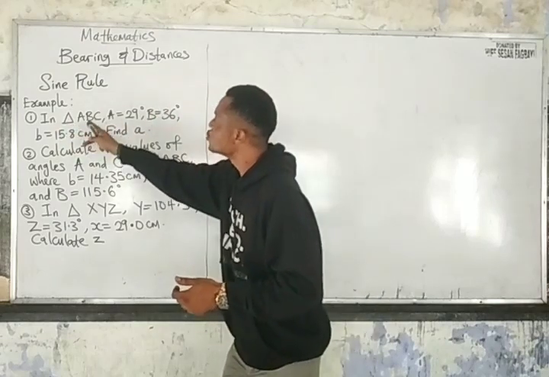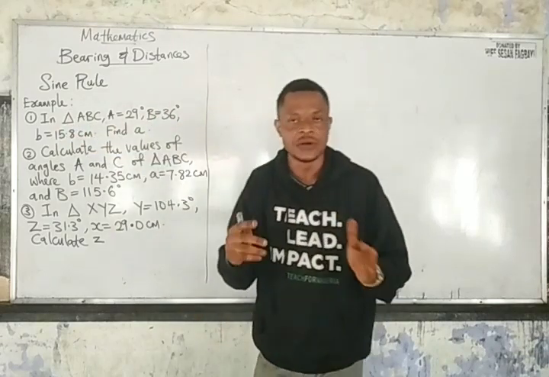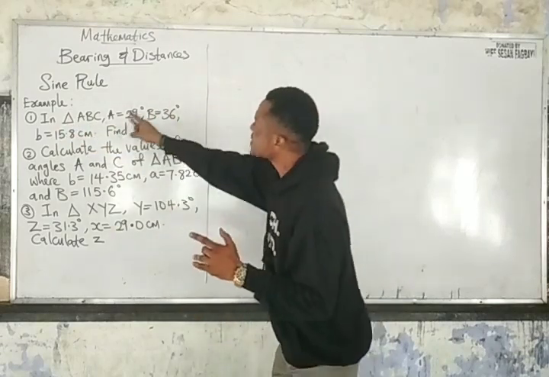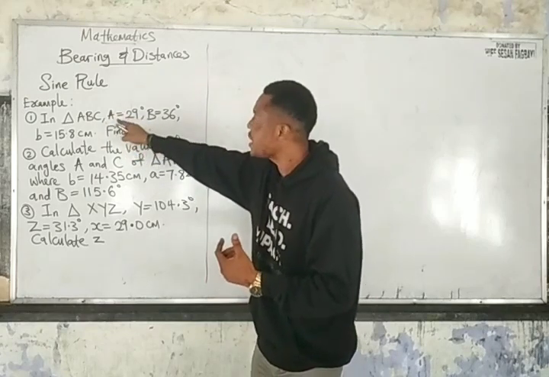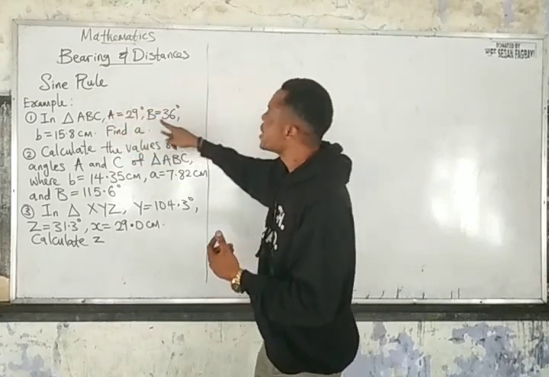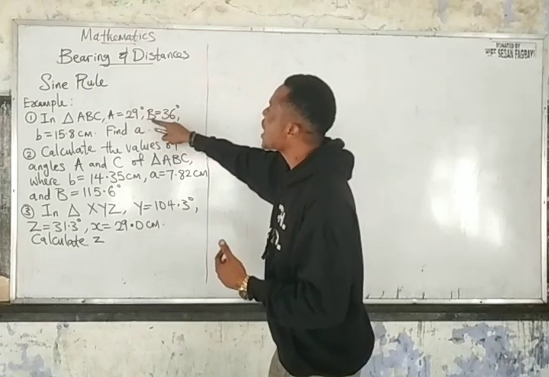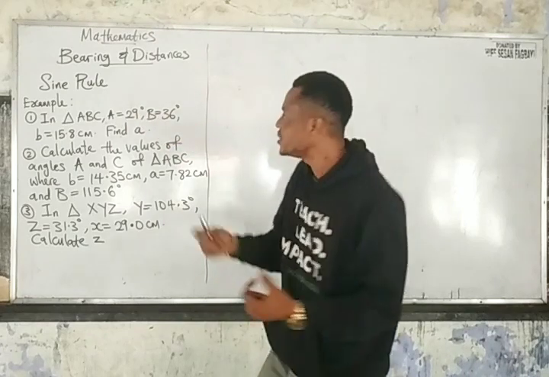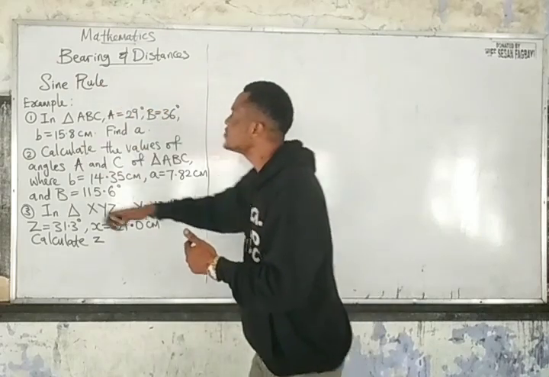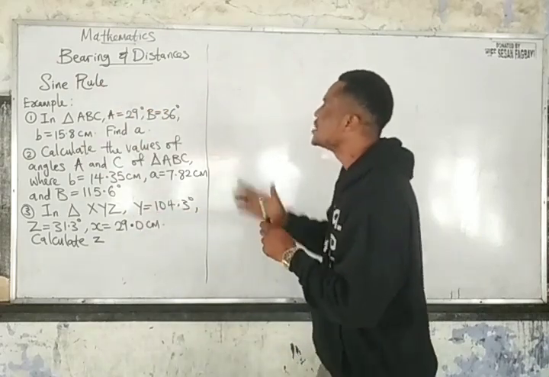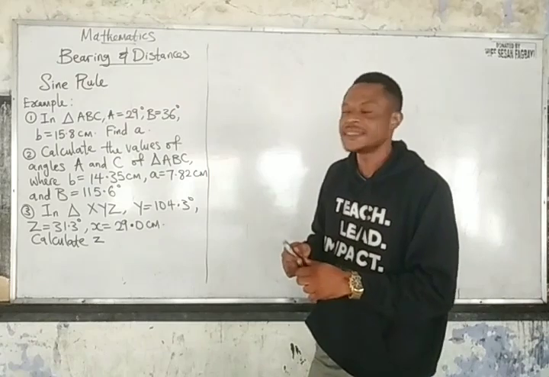In a triangle ABC, the capital letter implies angle. Angle A is 29 degrees, angle B is 36 degrees, the small b, the opposite side, is 15.8 centimeters. Now we have to find the side a.